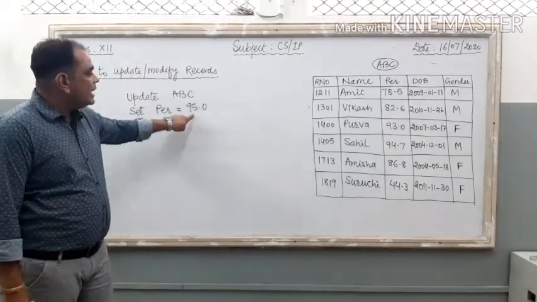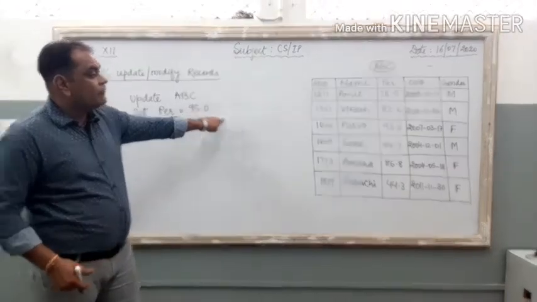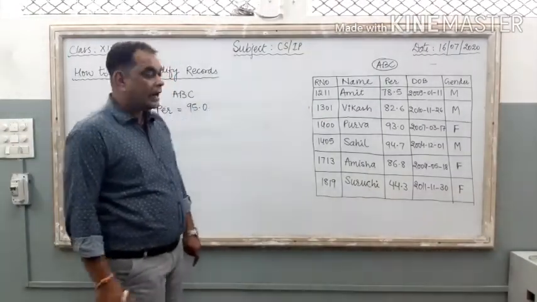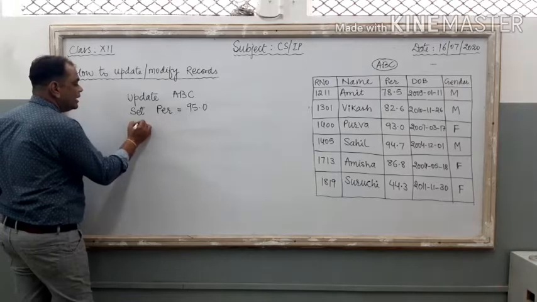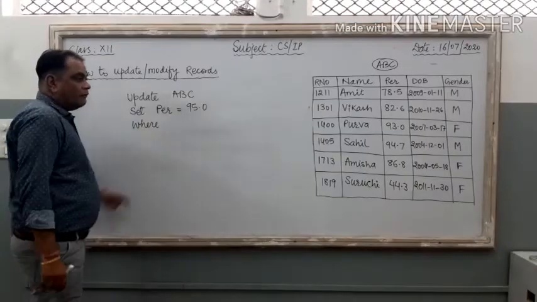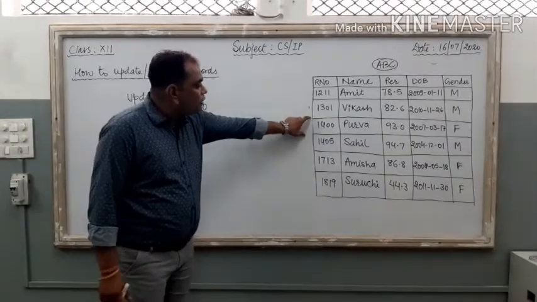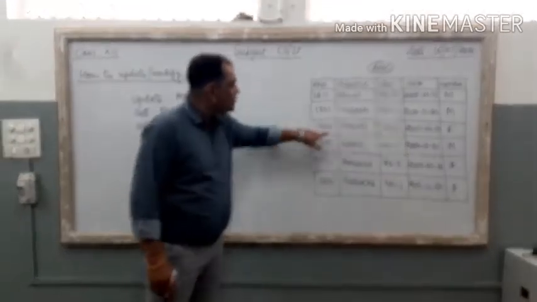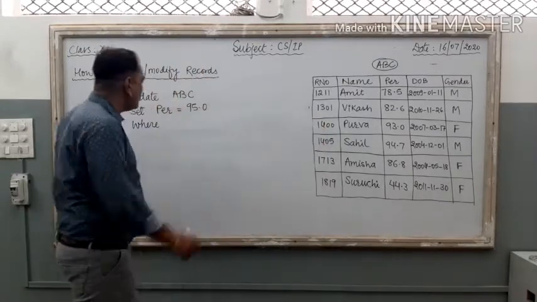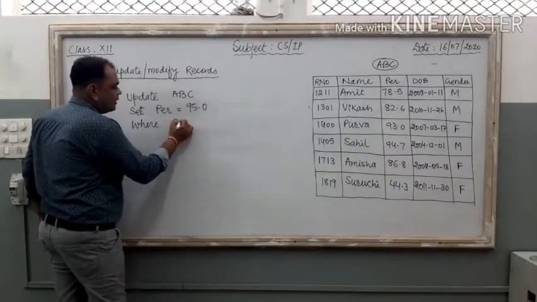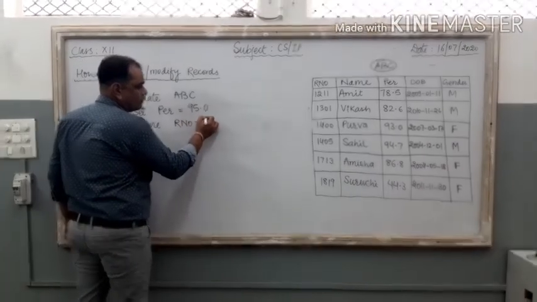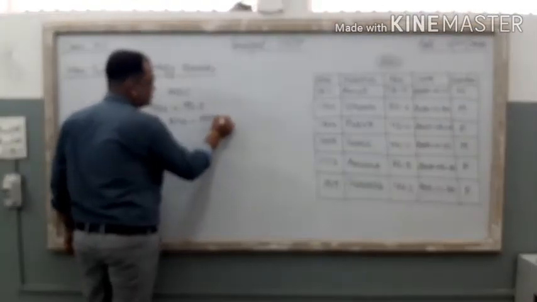Done. 95.0 is the new value that we want to update inside the column. And at the third line, where. With the where, just give a filter condition to filter the record of Purva. Just check, the roll number of Purva is 1400. So I write the command where RNO equal to 1400.